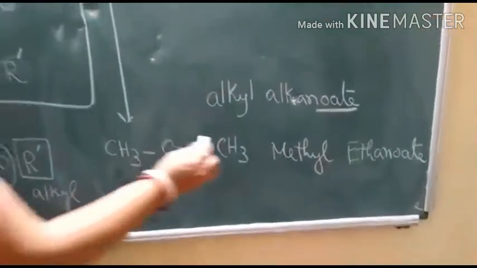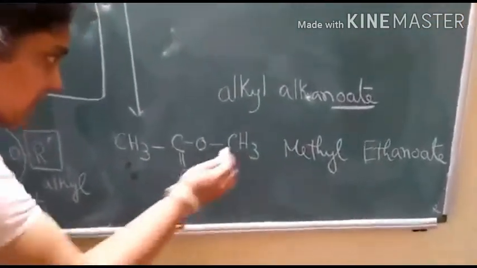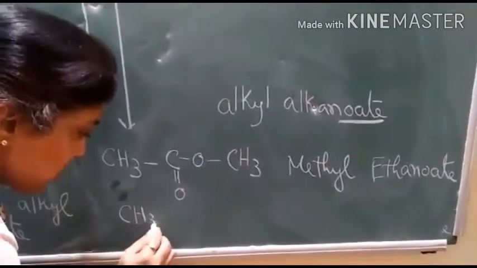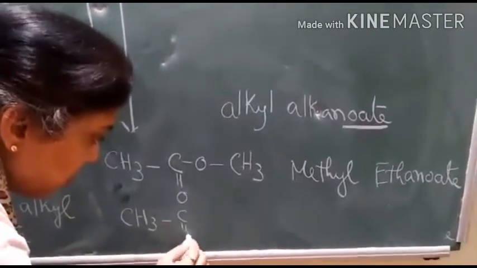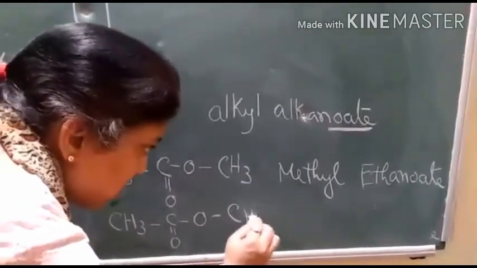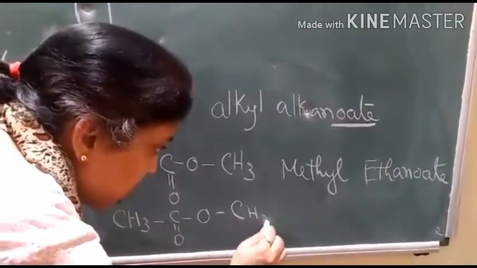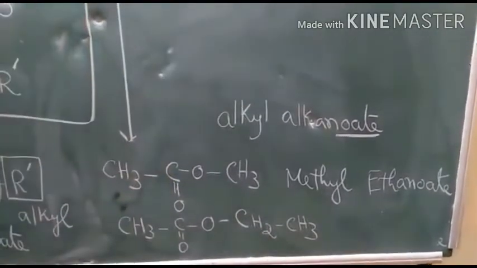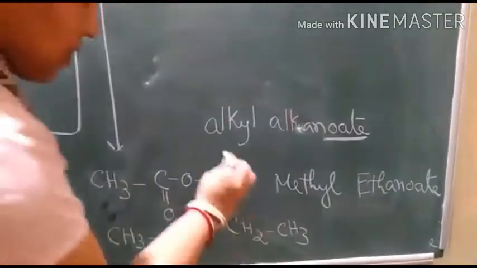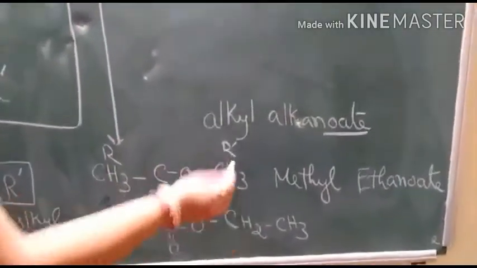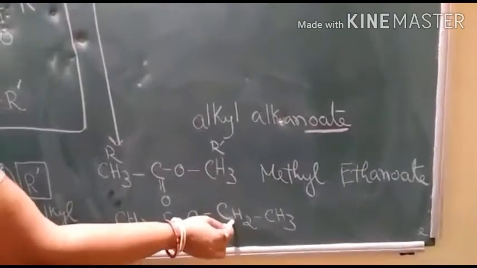Similarly, if I increase this R group by 1 carbon on this side, this is CH3, C double bond O, CH2, CH3. So 1 carbon I have increased, this side R, this is R dash. So this R dash I have increased by 1 carbon.